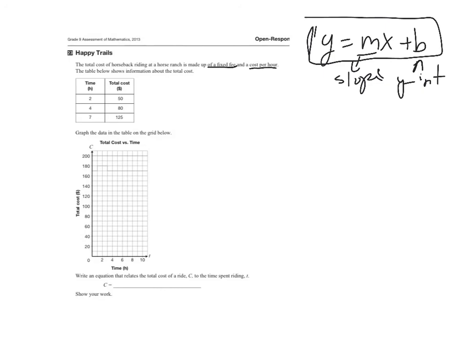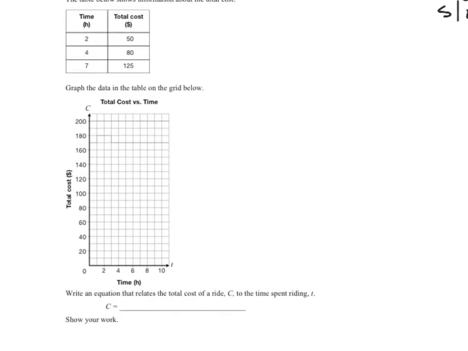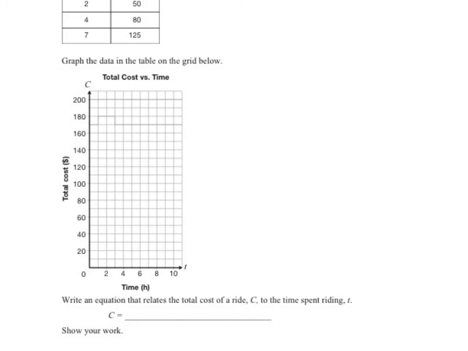If you need to graph this, it's asking you to, you could. You just need to zoom in. So 2 and 50, right here. 4 and 80, right here. And 7 and 125.